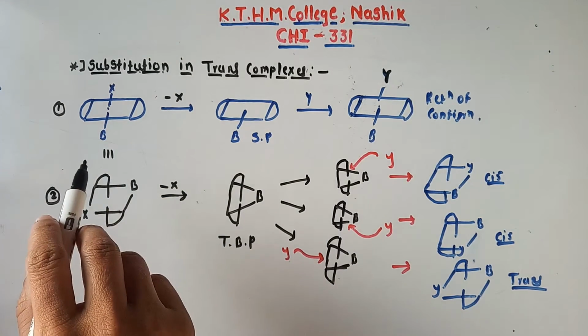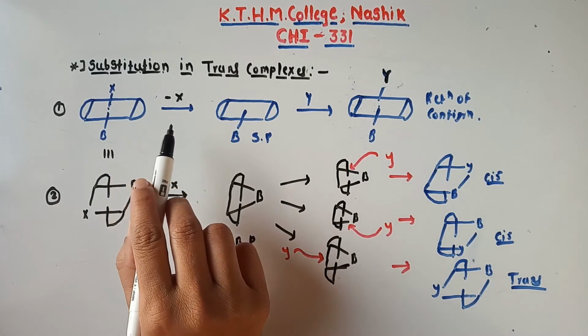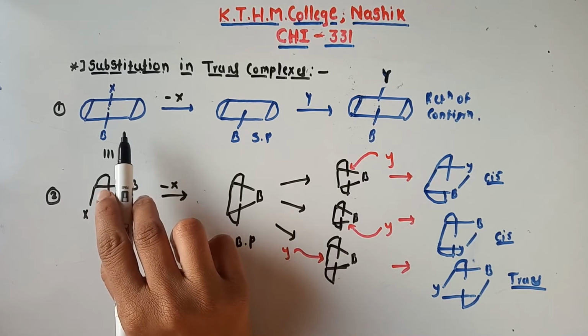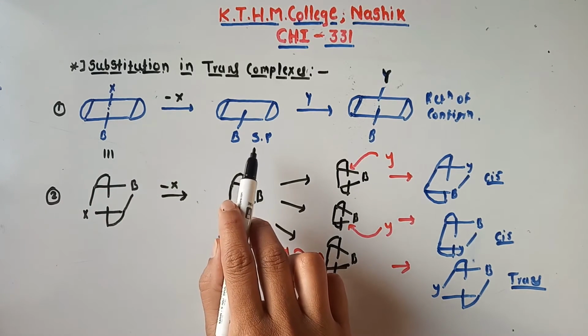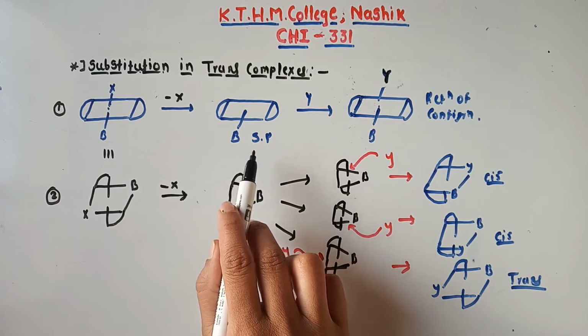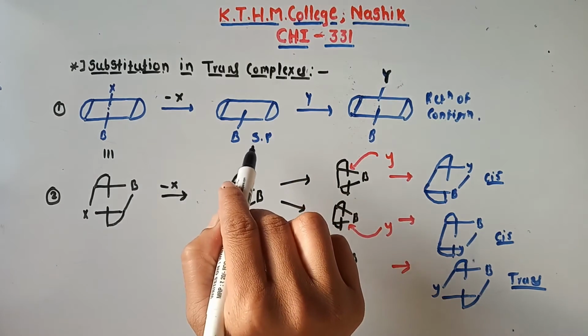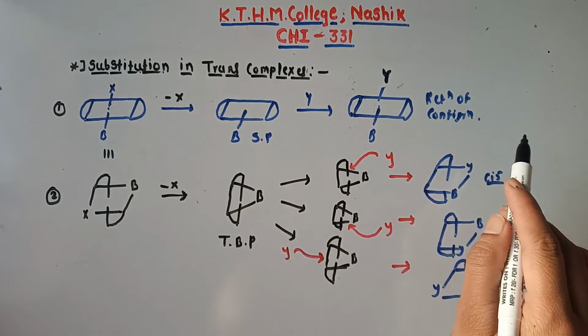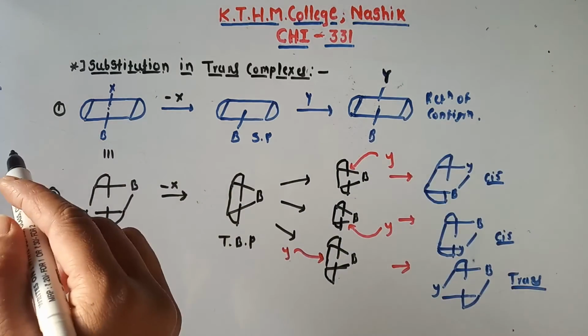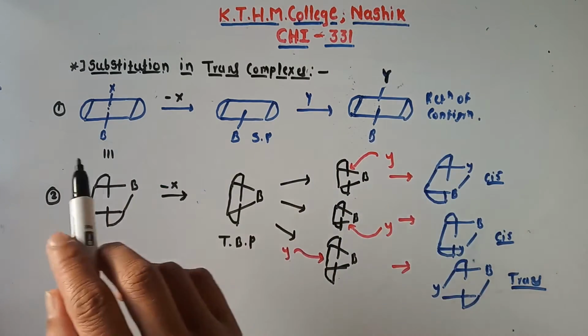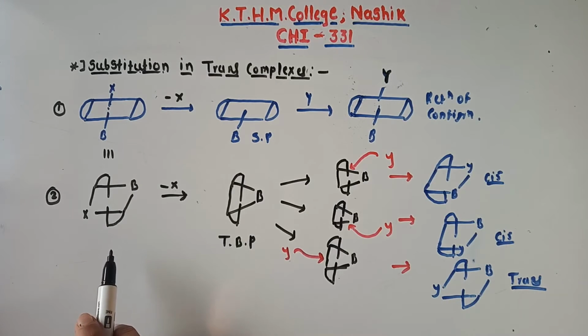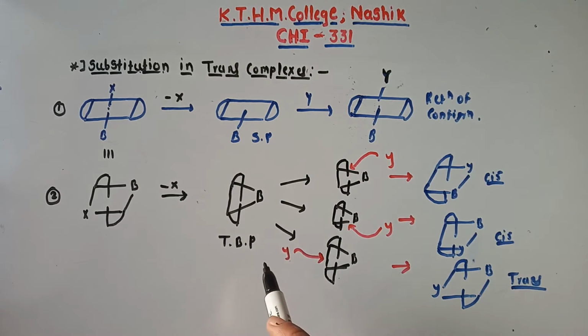In the case of the first possibility, when X is dissociated from this trans complex, we get a square pyramidal intermediate, and when Y attacks this complex, it gives retention of configuration, as it was in your reactant. While in the case of the second possibility, when X is dissociated from this complex, we get a trigonal bipyramidal intermediate, and for this intermediate, Y can attack in three ways.